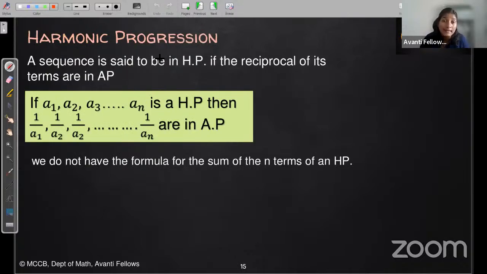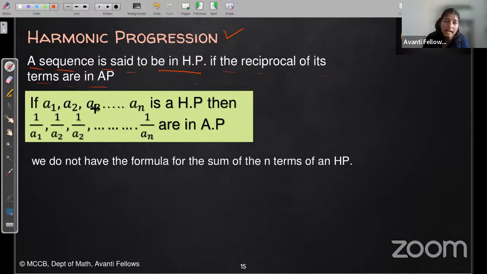So the next is the third type of progression, that is harmonic progression. What is harmonic progression? It's a sequence whose terms are reciprocals of terms of an AP. A sequence is said to be in HP if the reciprocals of its terms are in AP.